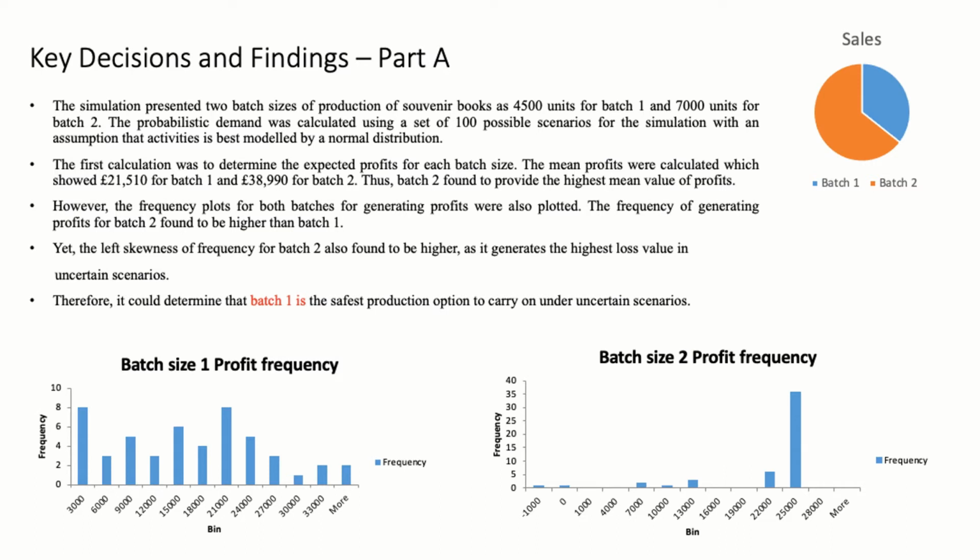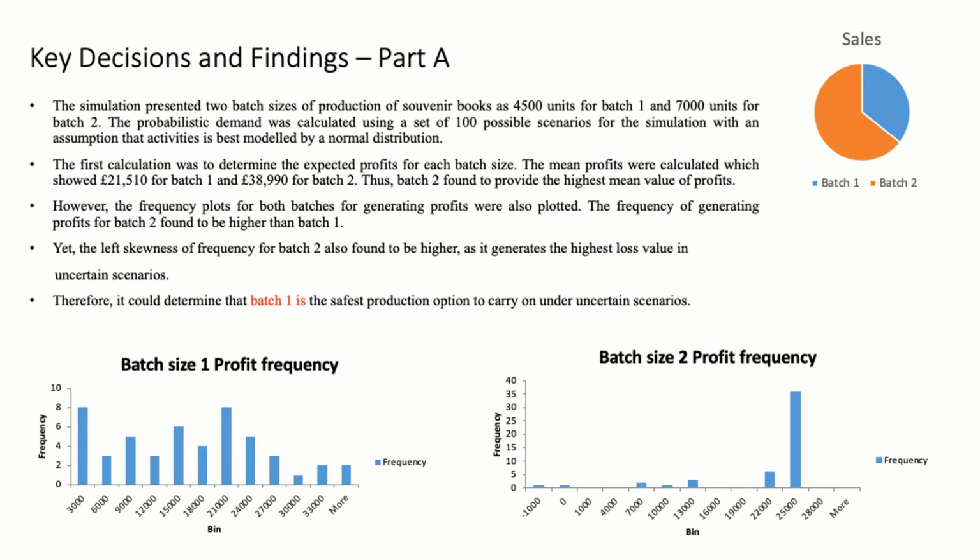Yet the left skewness of the frequency for batch 2 was also higher, as it generates the highest loss value in certain scenarios. So even though batch 2 provides higher profit than batch 1, we would suggest you go for batch 1, because as the profit increases, batch 2 also has a higher loss. So batch 1 is the safest option to carry on under uncertain scenarios.